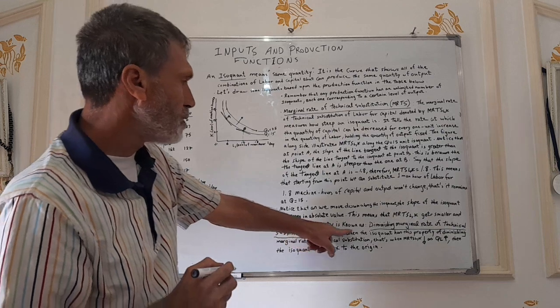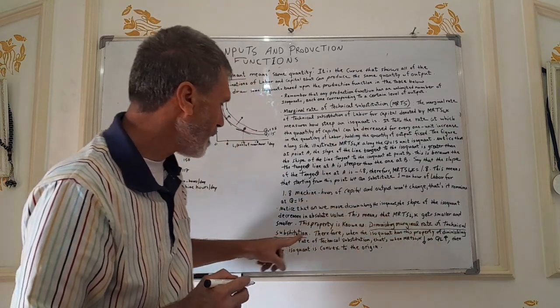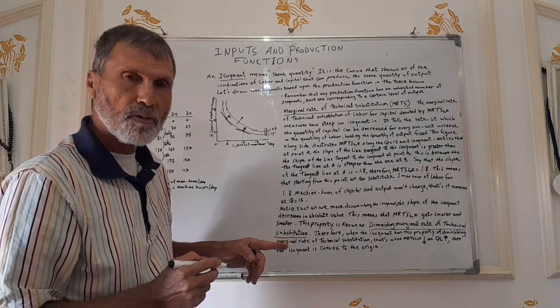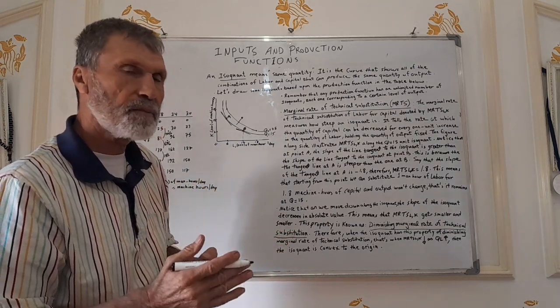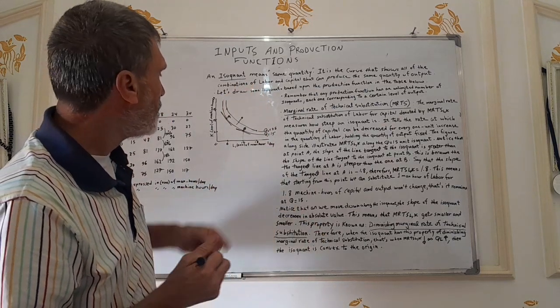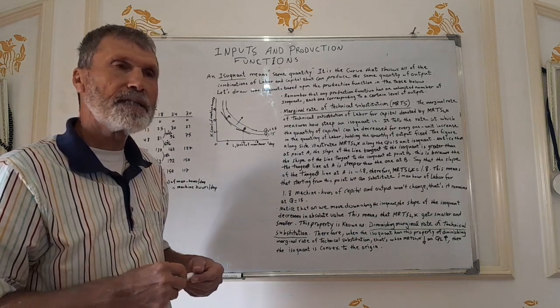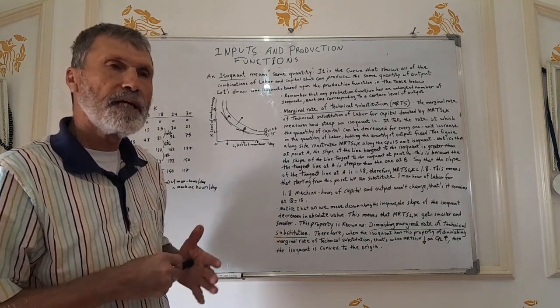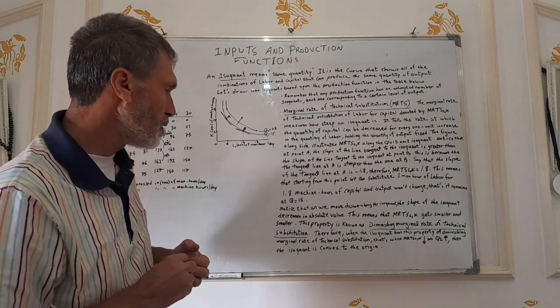This property is known as diminishing marginal rate of technical substitution, okay? When the marginal rate of technical substitution labor for capital decreases as we move along the isoquant, then we experience a property that's called diminishing marginal rate of technical substitution.